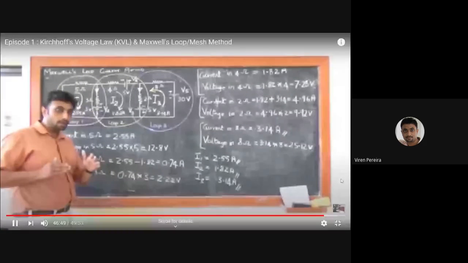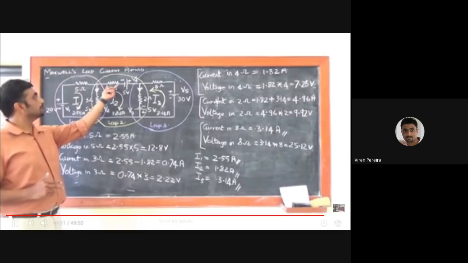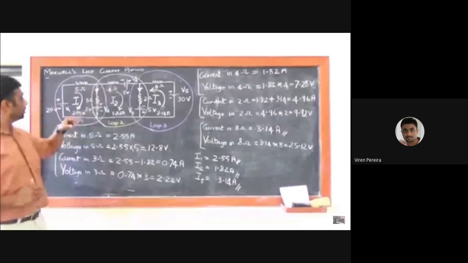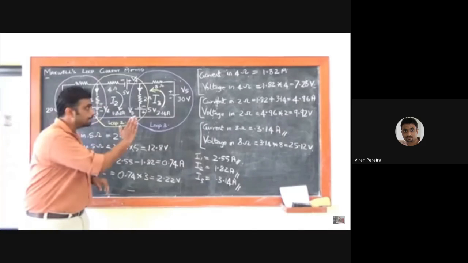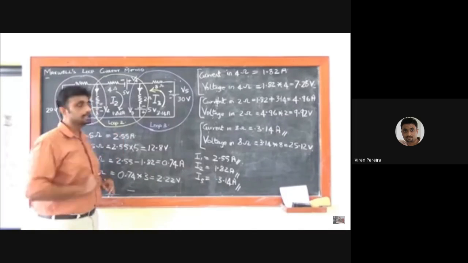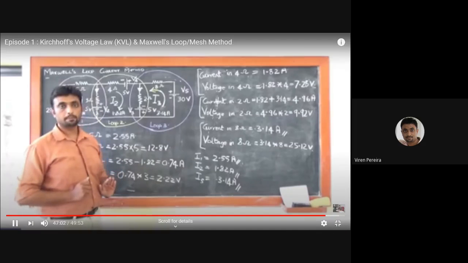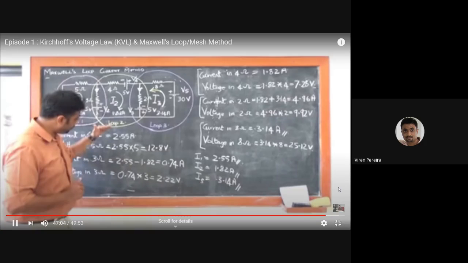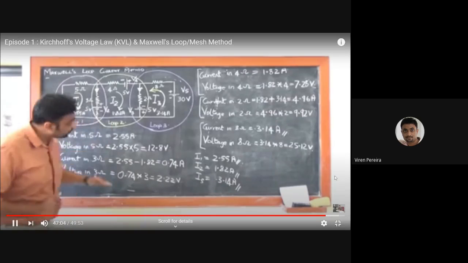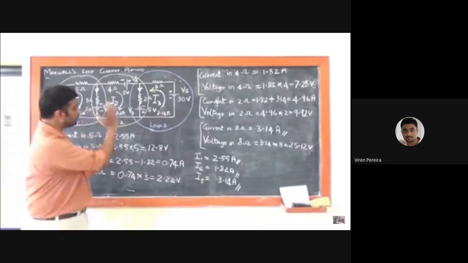So for whatever question is asked, whether you want the 4 ohms resistor or you want to find the voltage of the 3 ohms resistor, you could even do the full method, but it is time consuming if you do it for each and every resistor.